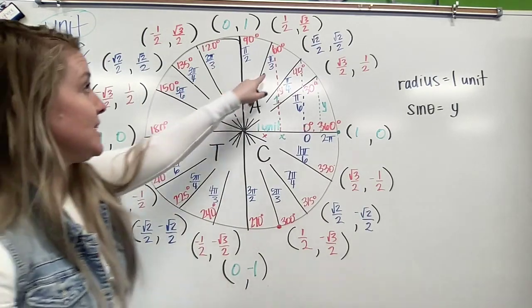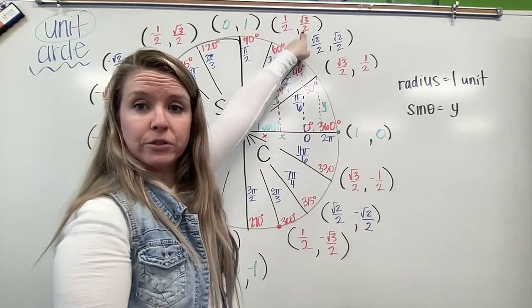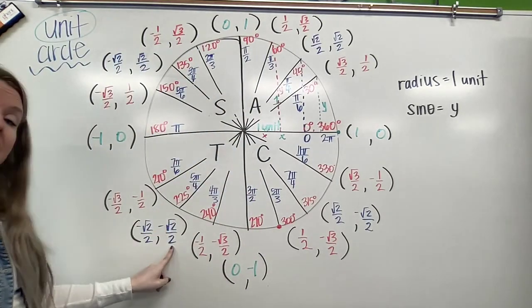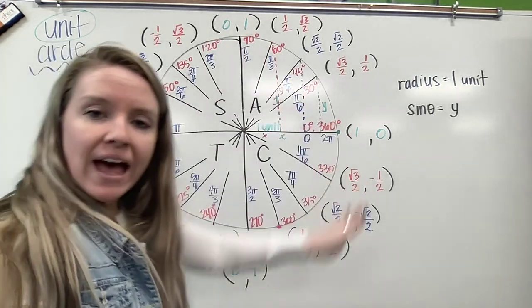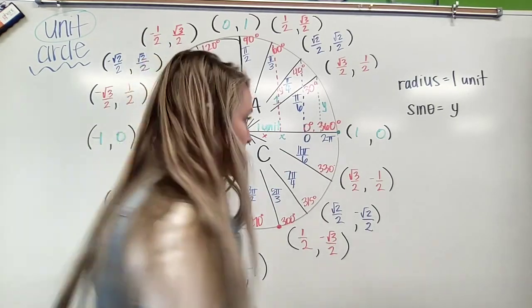So the sine of 60 is root 3 over 2. The sine of 225 is negative root 2 over 2. The y value on our unit circle is our sine ratio.